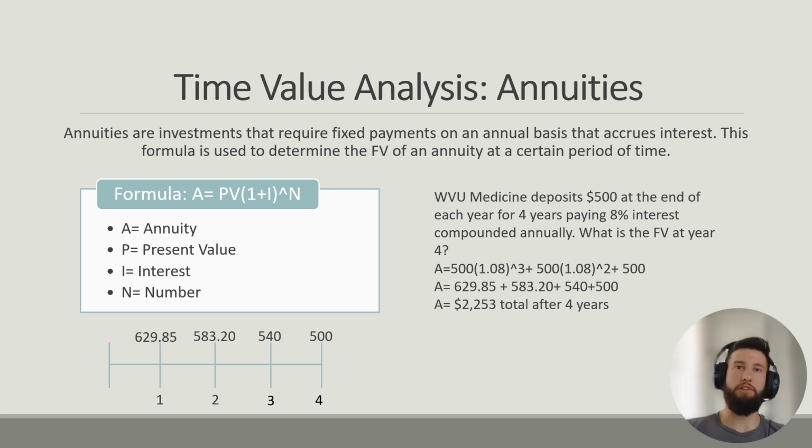So then after you have your timeline filled out, 1, 2, 3, and 4 of your annual payments and what they've accrued as far as interest, you can add up all those amounts to get $2,253, the total after 4 years. That's the future value of your investment, with a total of $253 accrued in interest over that time period.